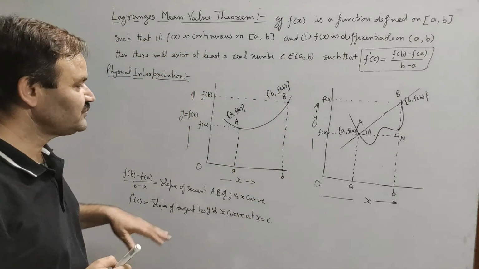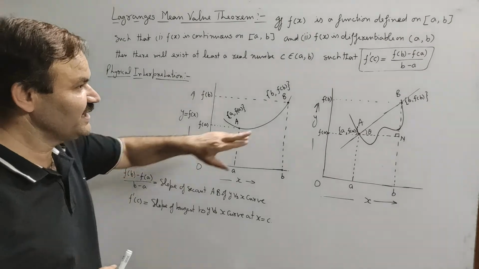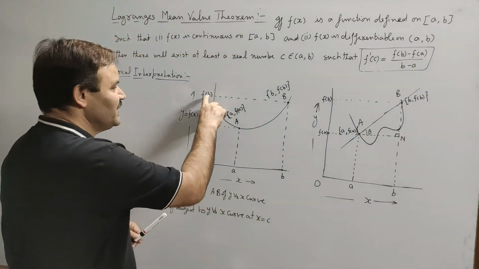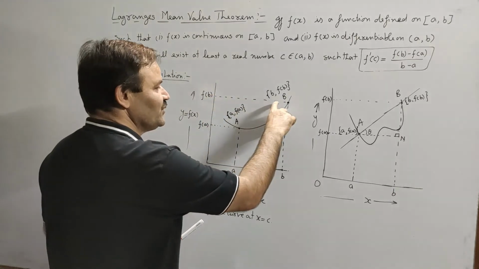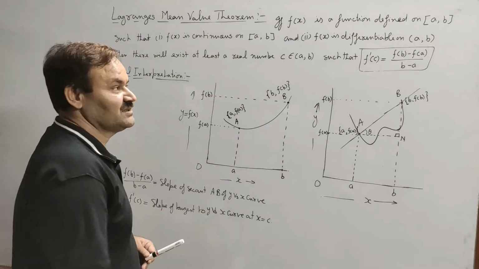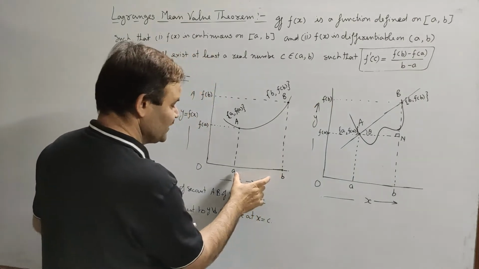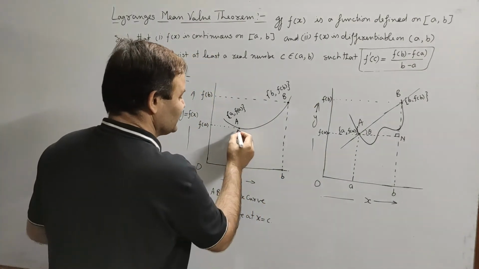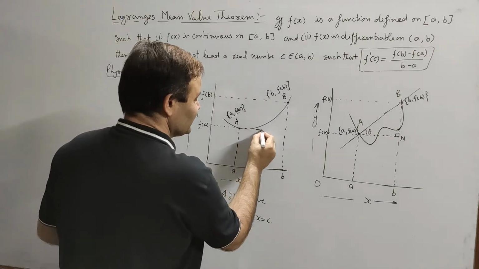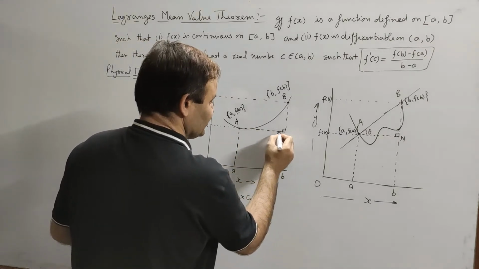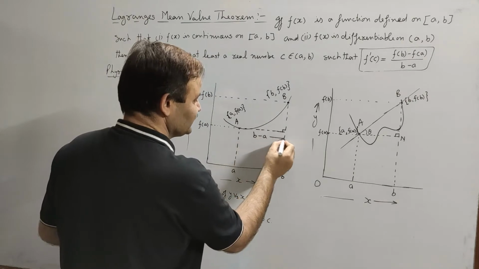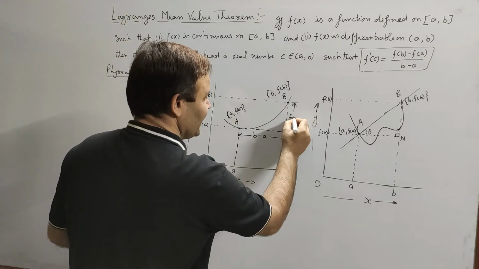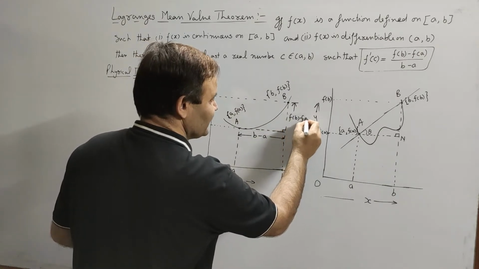Now if we understand what is f(b) minus f(a), f(b) minus f(a) will be the change along the vertical axis, and what is b minus a? b minus a is the corresponding change along the horizontal axis. So this is b minus a, while this is f(b) minus f(a).